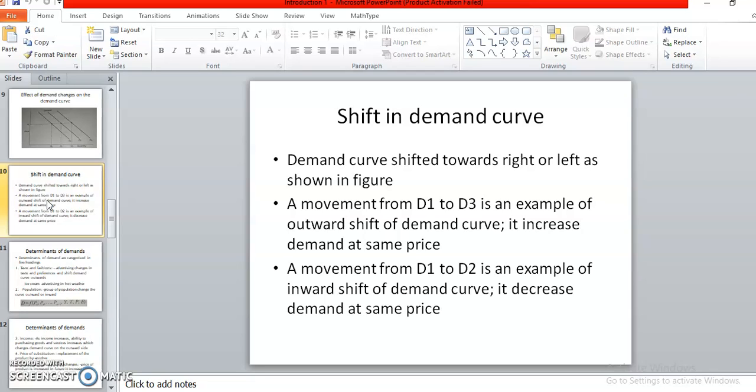When the curve shifts from D1 to D3, it increases the demand at the same price.